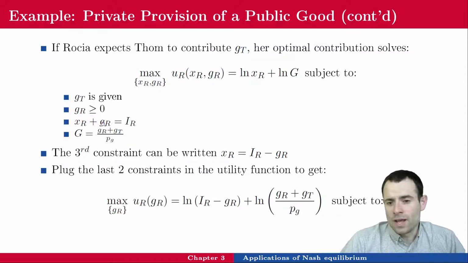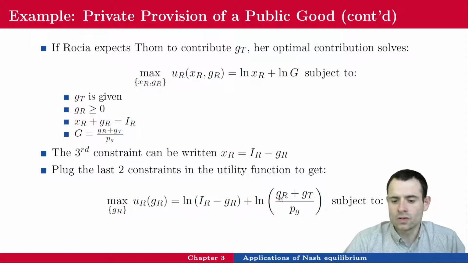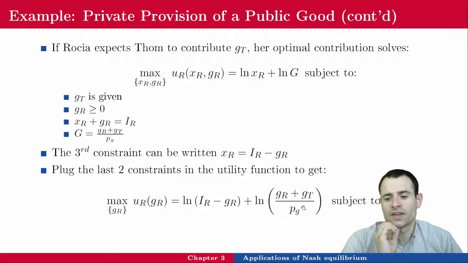And if I replace big G by its function of the contributions, then my utility function becomes ln of IR minus GR, which is XR, plus ln of big G, and big G is this number: the sum of the contributions divided by the price of 1 unit of kitchenware.